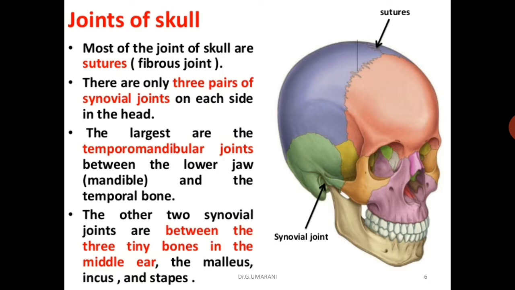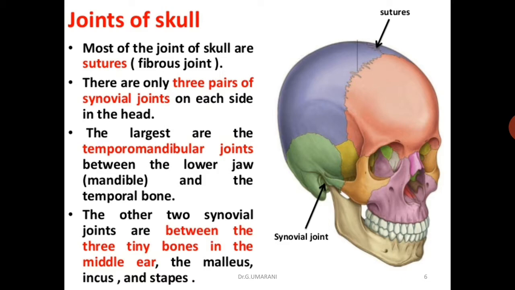This fusion begins on the inner surface of the skull between 30 to 40 years of age and on the outer surface between 40 to 50 years of age. There are only 3 pairs of synovial joints present on each side of the head. The largest of these is the temporomandibular joint, present between the mandible and temporal bone. It is the largest mobile joint.